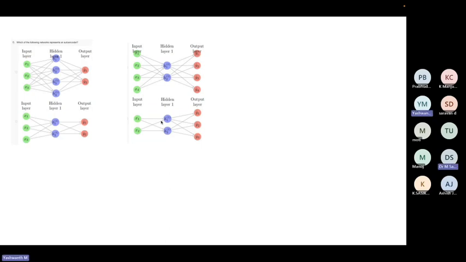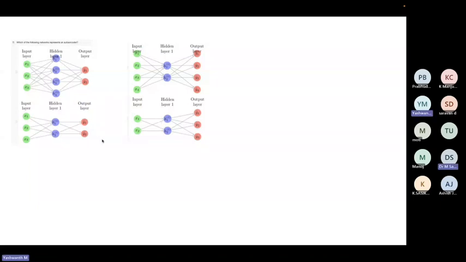Is the final reconstruction also 2? The final output layer is 2 neurons. 2-4-2 is an autoencoder, right?